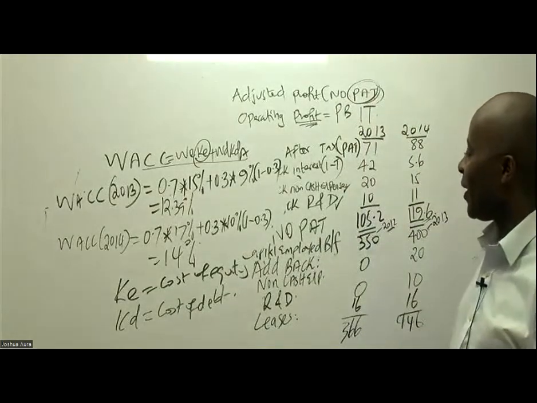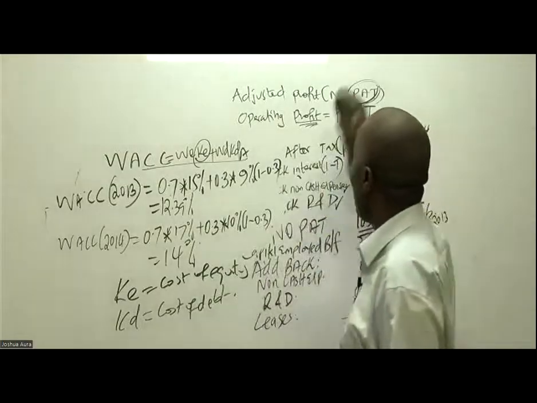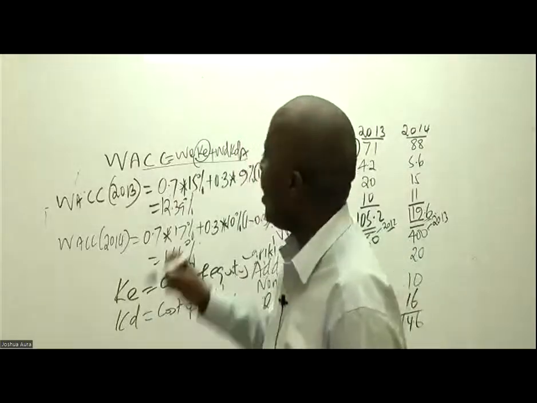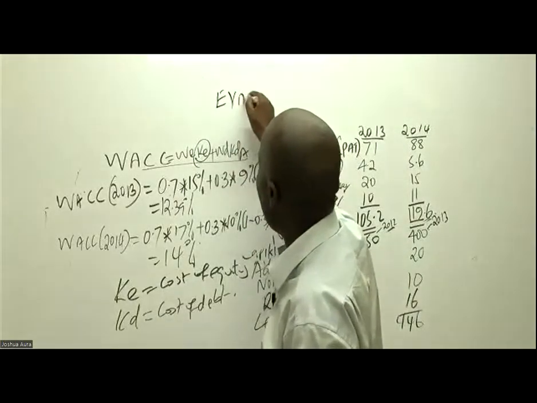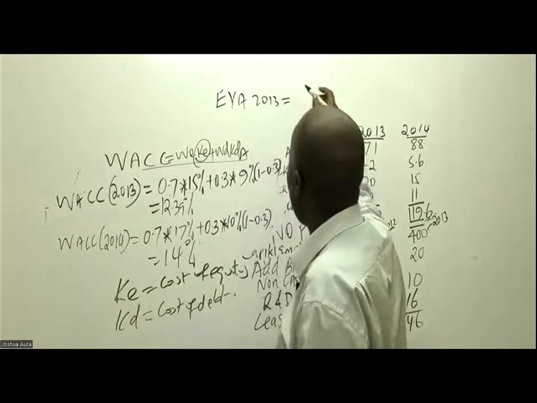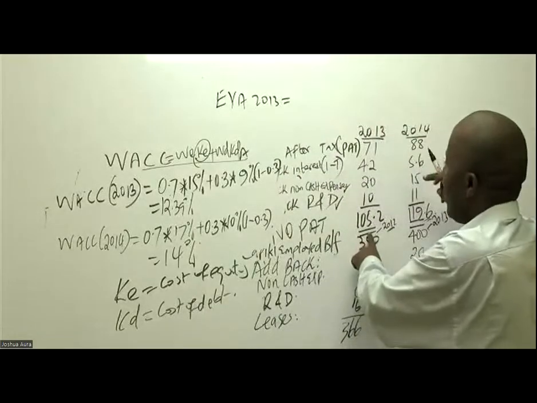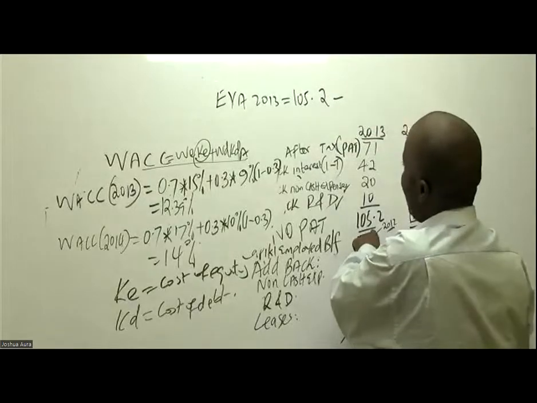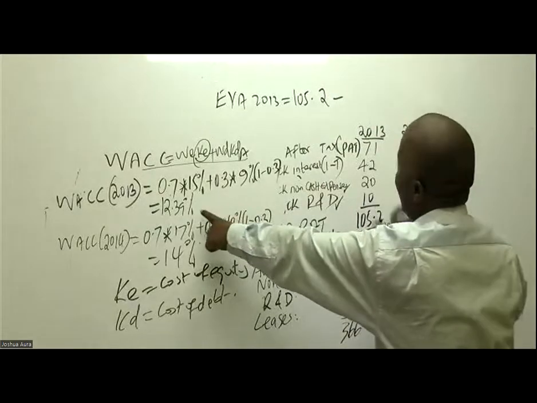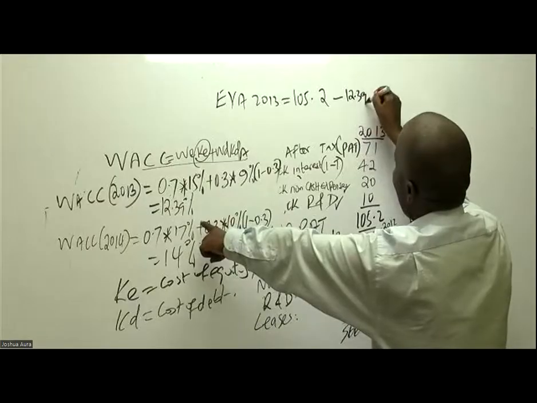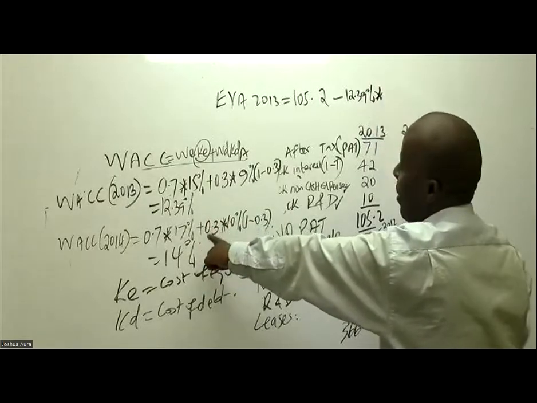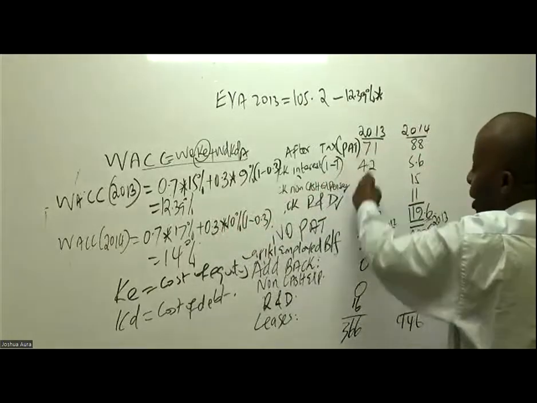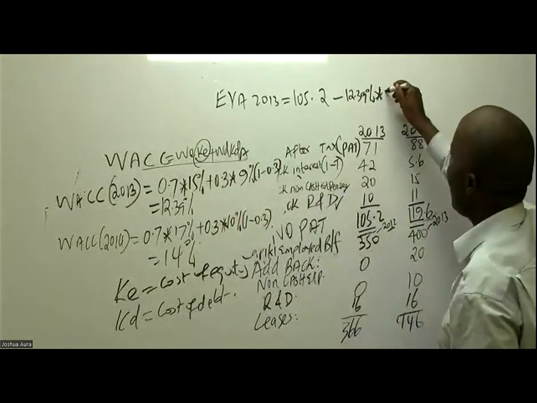Now, ladies and gentlemen, after that, we should be able to get what we call EVA. So EVA for 2013 is NOPAT of 105.2 minus WACC of 2013, which is 12.39%, multiplied by the capital employed in 2013, which is 316.